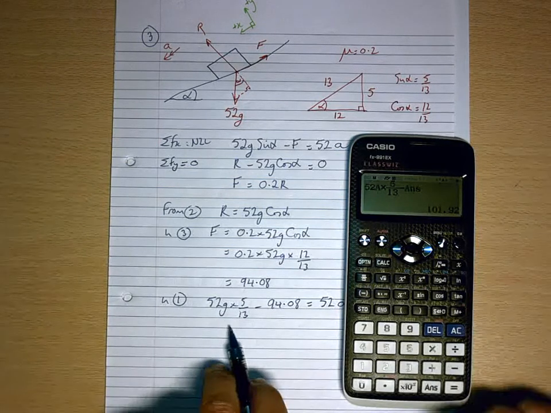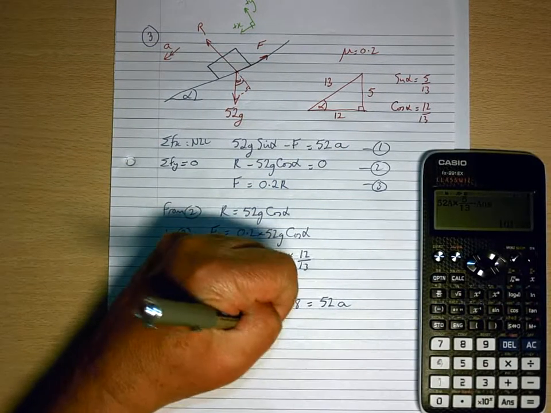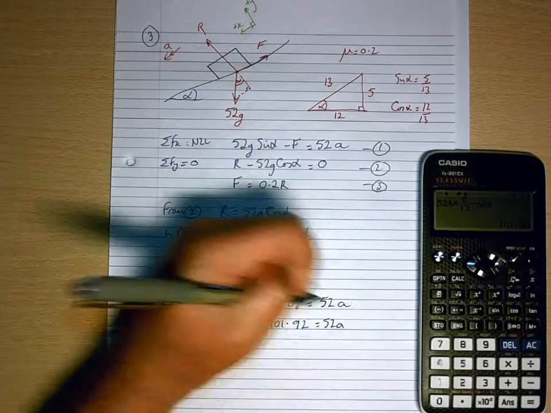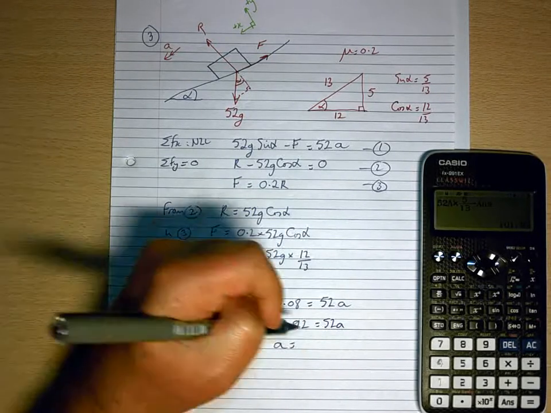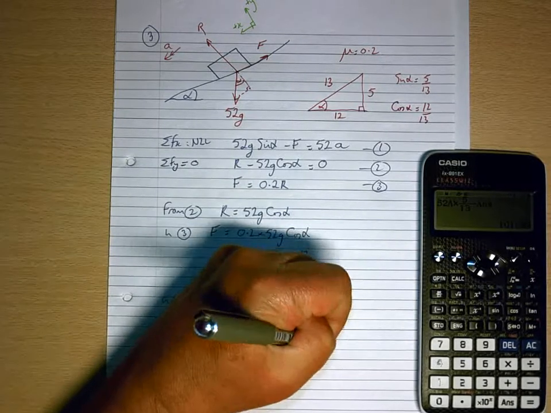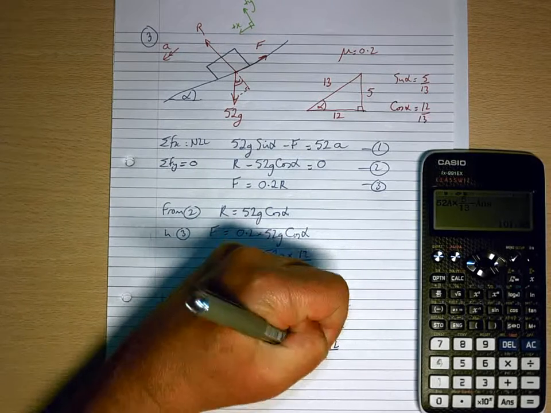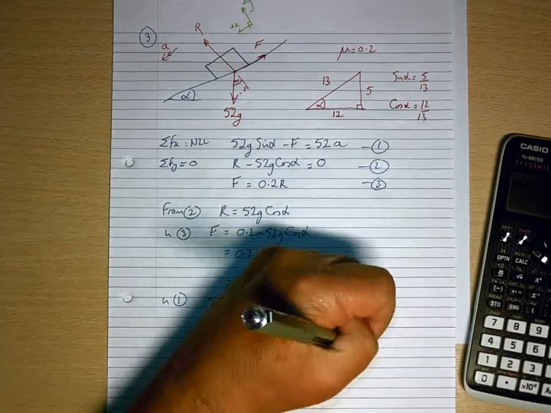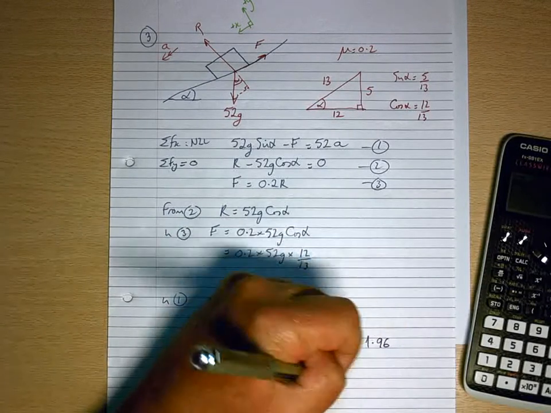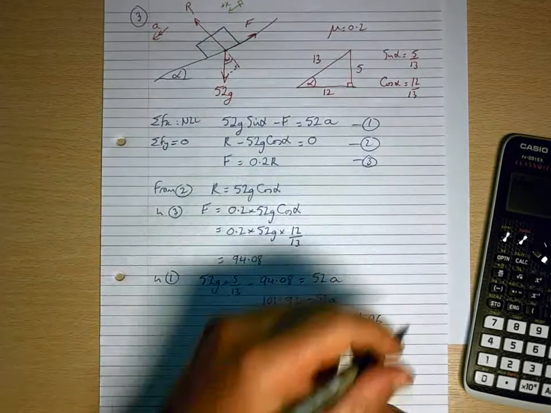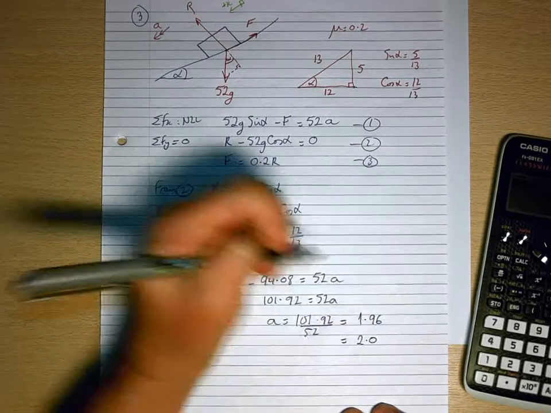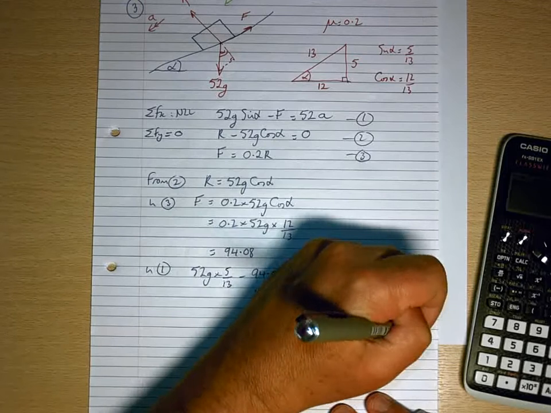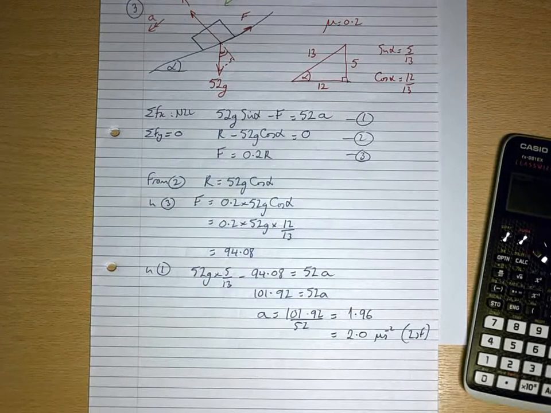That will give me what that comes to. So I've got 101.92 equals 52a. So a will be 101.92 divided by 52 equals 1.96, or to two significant figures, that will be 2.0 meters per second squared, 2 sig fig.